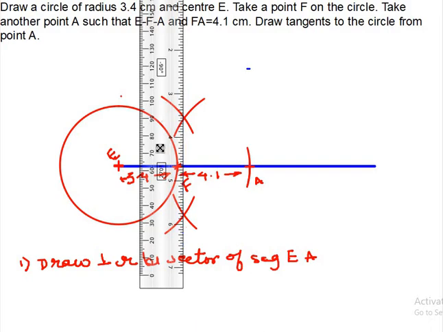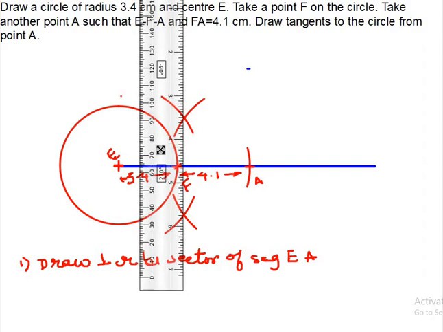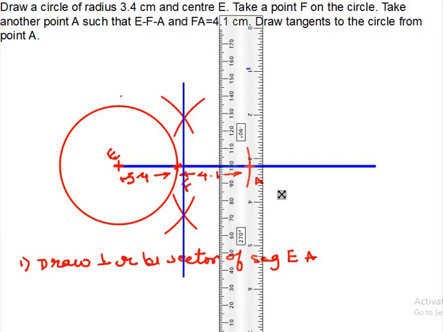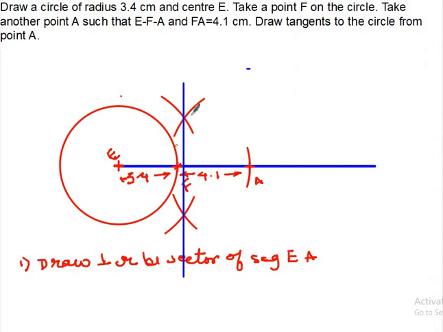Move the ruler a little more here. Yes, you have this. Now, remember this line should pass through both the arcs. Take the compass. Keep the compass on this point of intersection. This is your perpendicular bisector.